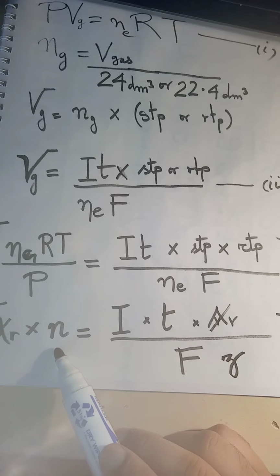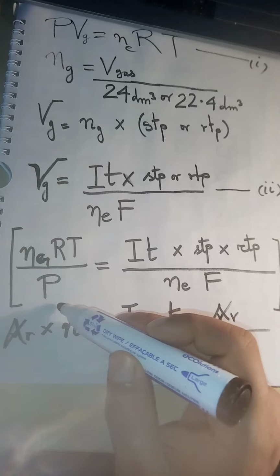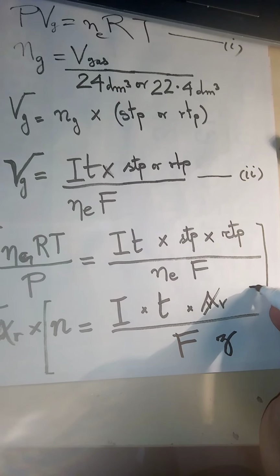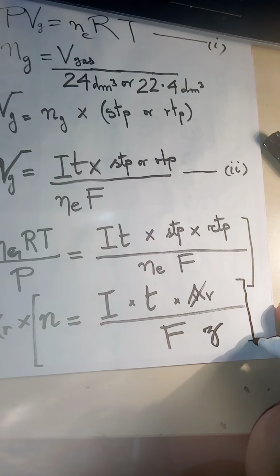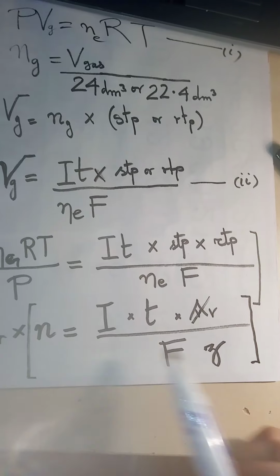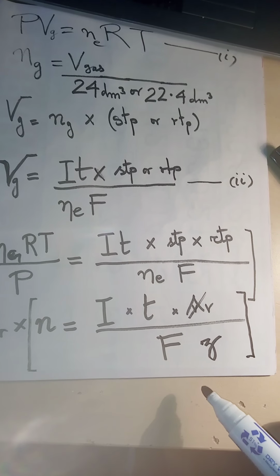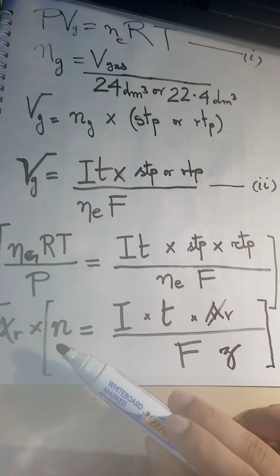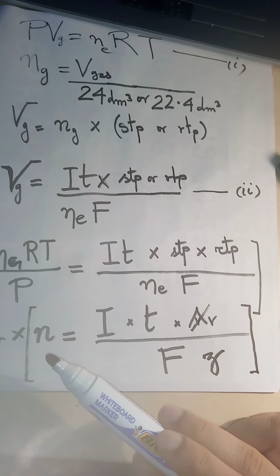You won't even need to convert it to mass. You'll just have to use this part and get your answer for whatever the unknown you're looking for, whether it's time or current or oxidation number. And then later you can convert the number of moles into mass if need be.